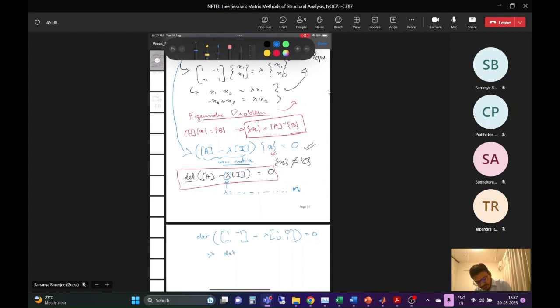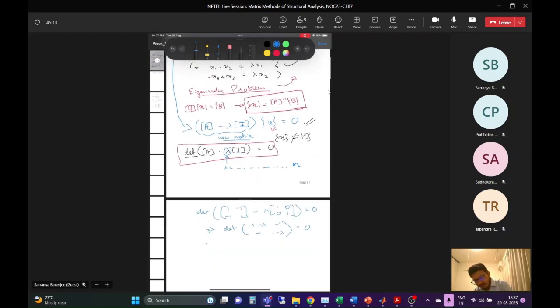This will be determinant of 1 minus lambda. Please stop me if you don't understand any of the calculation. What is the determinant of this matrix? (1 minus lambda)(1 minus lambda) minus 1 equals 0.